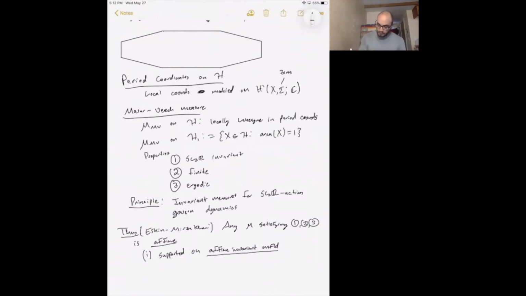And what is this? So it's a submanifold or suborbifold of the stratum that's locally cut out by linear equations in period coordinates.